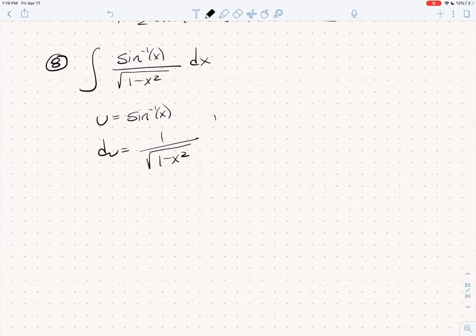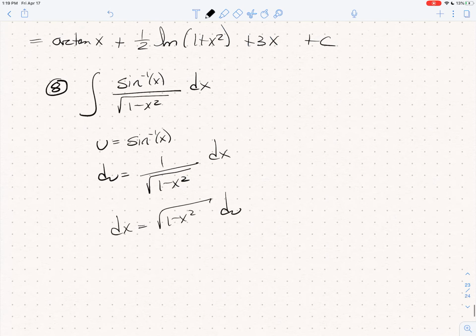Du is 1 over radical 1 minus x squared dx. And so dx is just radical 1 minus x squared du. And so this problem becomes just the integral of u du.